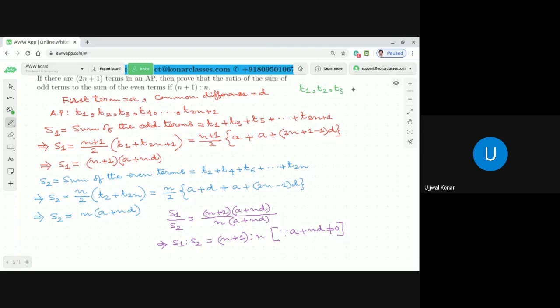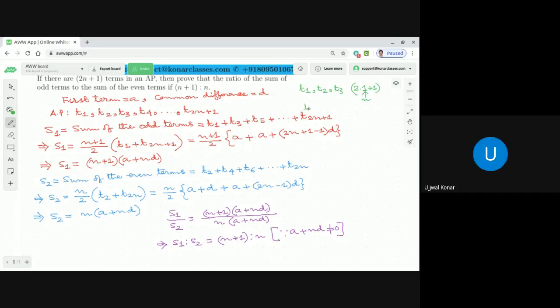Correct? So how can we express T1, T2, T3 in terms of 2n plus 1? It is 2 into 1 plus 1, where n equals 1, no? This is the symbolic representation of n. So we get 2 odd terms, no? Odd means what? 1 plus 1, that is n plus 1.